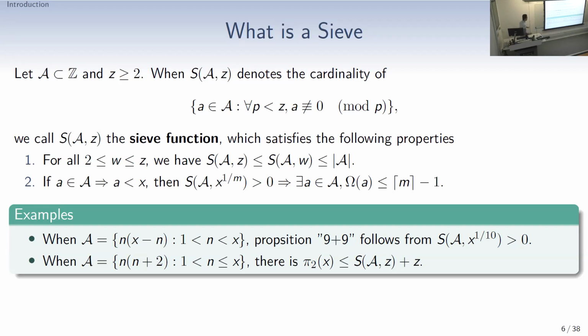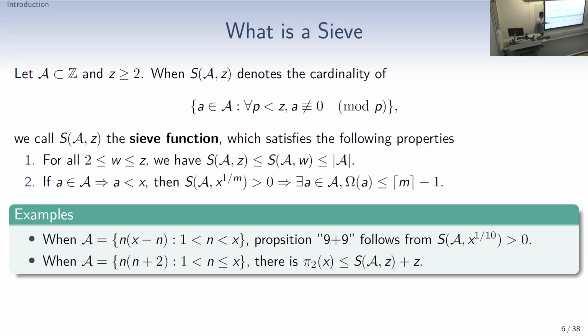And here are some examples. You don't have to remember this for this talk, but if you are interested in sieve theory, it is likely that you will be seeing this kind of example in texts or in lectures. When we set up the set A like this, we can obtain a sieve that is suitable to study the representation of integers as a sum of 2 primes or 2 almost primes, the Goldbach problem.